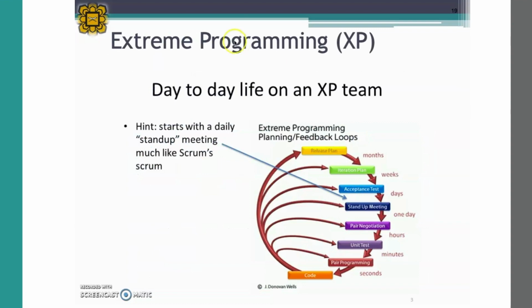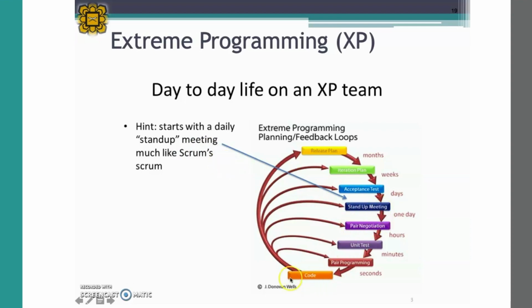So the day-to-day life of an XP team can be visualized in this figure. Okay, so the code that they write is written with a pair, and they develop the unit test, they negotiate, okay, and they have stand-up meeting. So you will see these features of stand-up meeting in Scrum later.